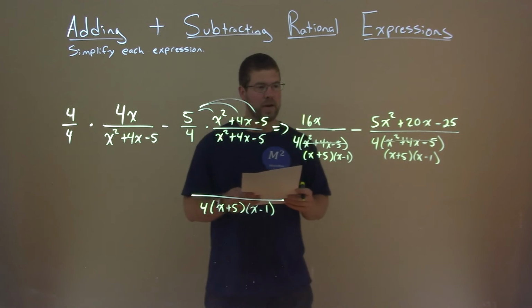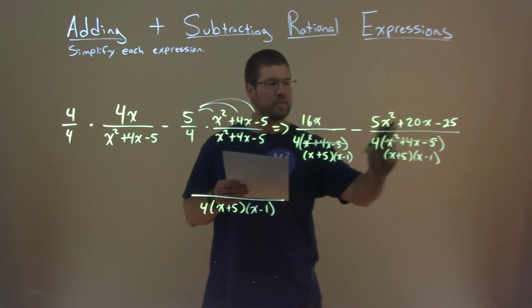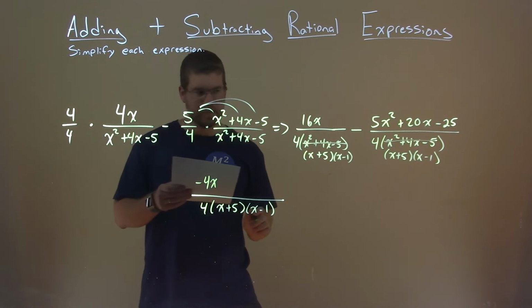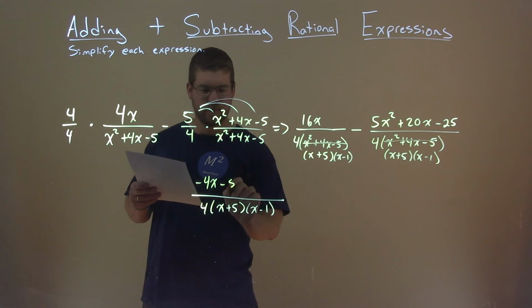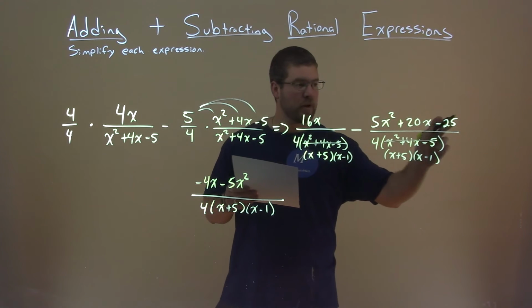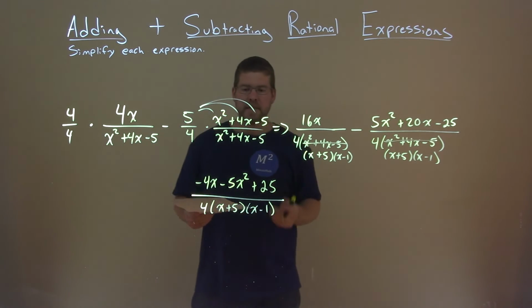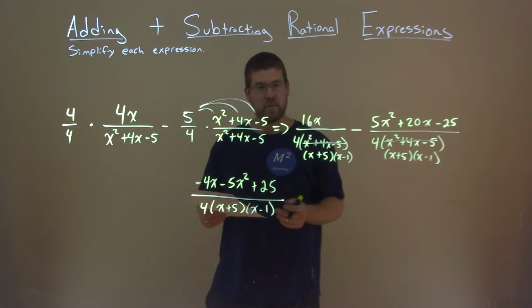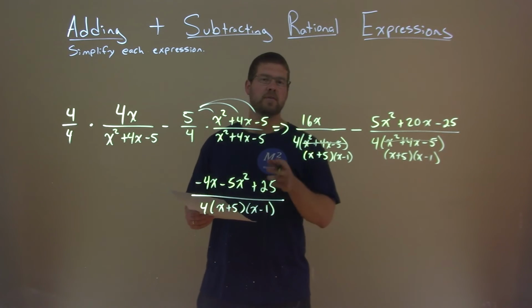And now we're going to combine our like terms in our numerator. 16x minus 20x is a negative 4x. We then have, don't forget, a minus 5x squared here. And then a minus a negative 25 is plus a 25. And you can rearrange it if you want, but that's basically it, our final answer. Negative 4x minus 5x squared plus 25 over 4 times x plus 5 times x minus 1.